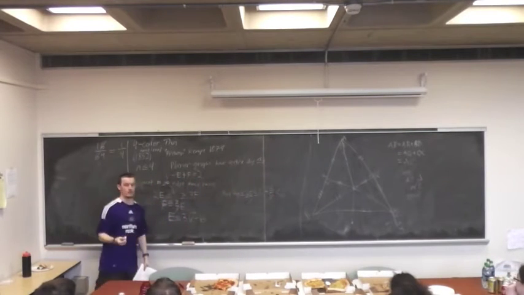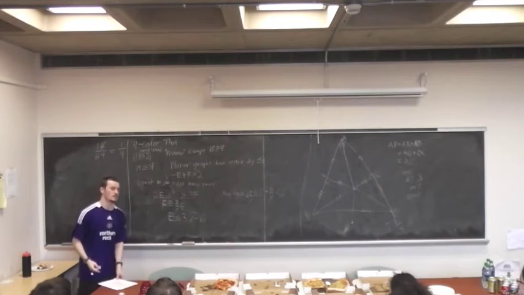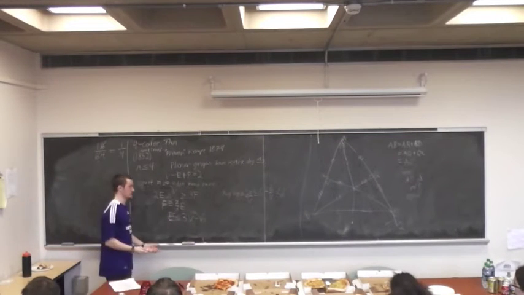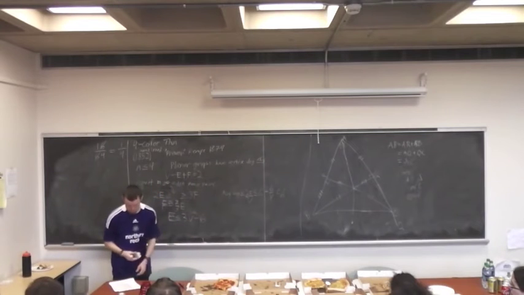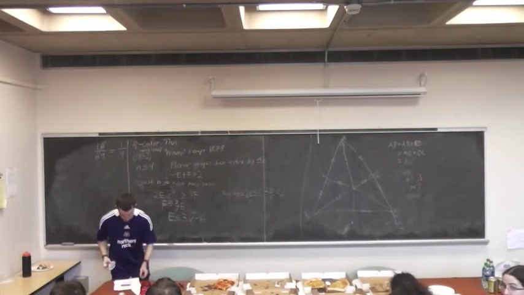So since the average degree is less than 6, there must be some vertex with degree less than 6. Okay. So there's that.